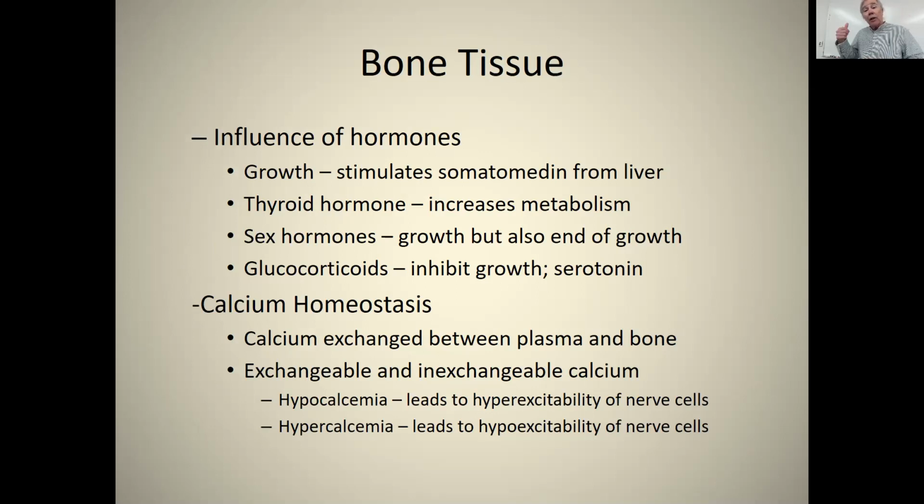Too little calcium turns up nerve cells. That really doesn't happen that often because it's really hard to get too low on calcium, since you've got this huge reservoir of calcium in your bones. If your calcium gets too low, you will take it from your skeleton and your skeleton will weaken. And if your calcium is too high, then you can lay down bone and take it out of your blood by osteoblasts.